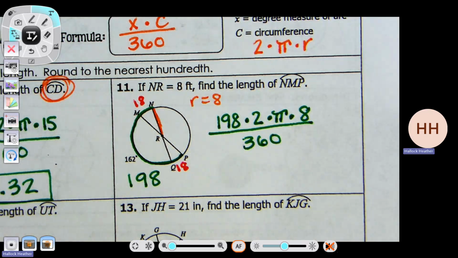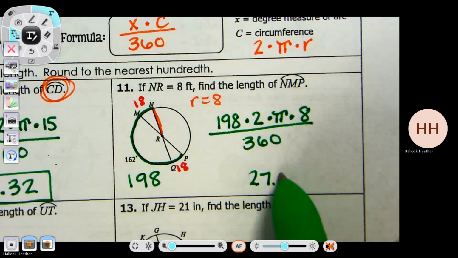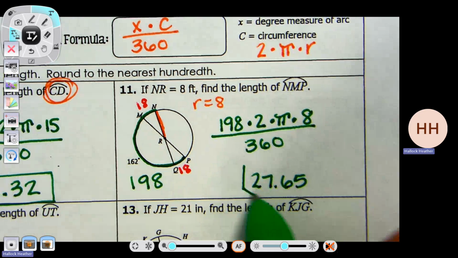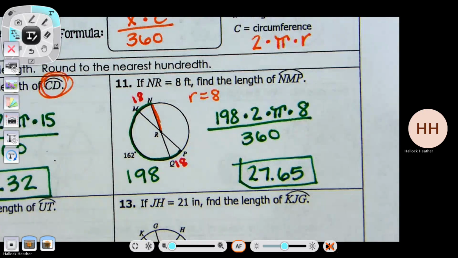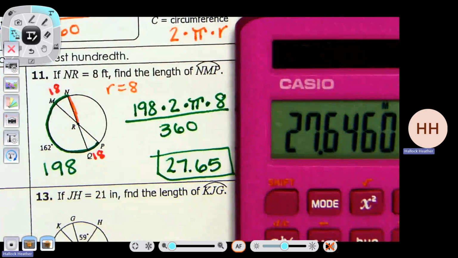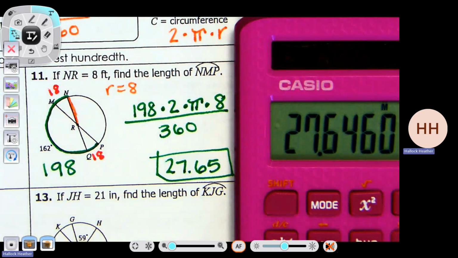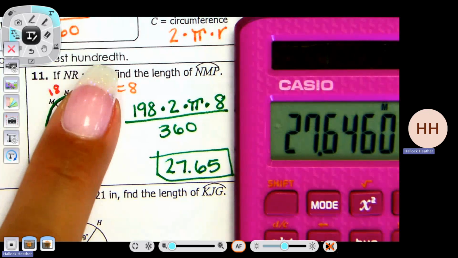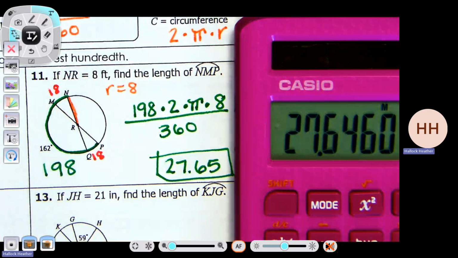What do we got? 27.65. Okay, it's 646. So since it's 646, that 6 makes the 4 go up to a 5. But we're rounding to the nearest hundredth, so we're doing 2 decimal places.